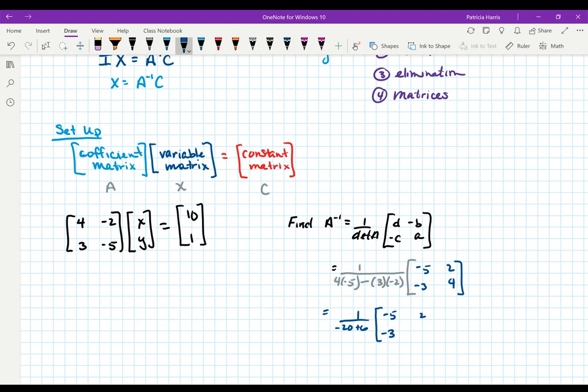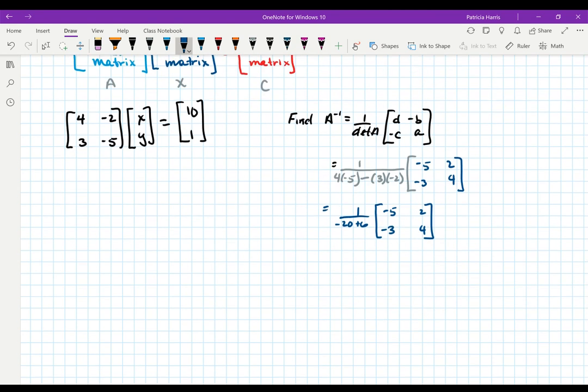Now there's going to be a lot of fraction work, but that's okay. So -1/14 times -3, -5, sorry about those switched. Okay, so now let's multiply.